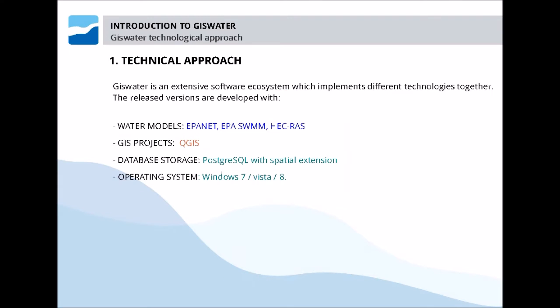Giswater is a project with a very ambitious objective. Its evolution, slow but safe, allows us to affirm that at this point in version 1.1 the water models compatible with Giswater are EPANET, Stormwater Management Model, and HEC-RAS. The EPA programs exchange information through the database, and HEC-RAS is only available in the pre-RAS option.